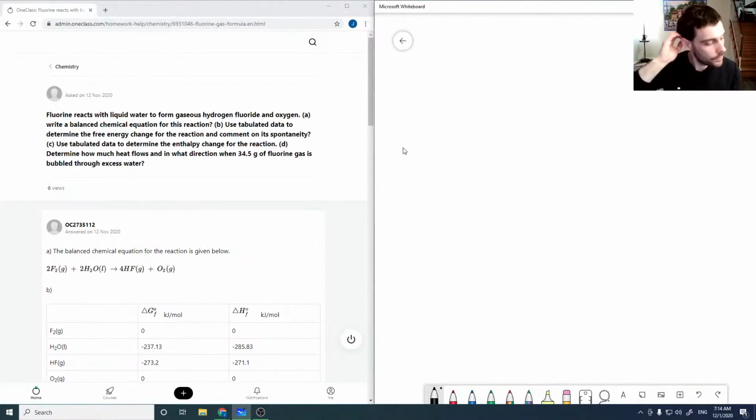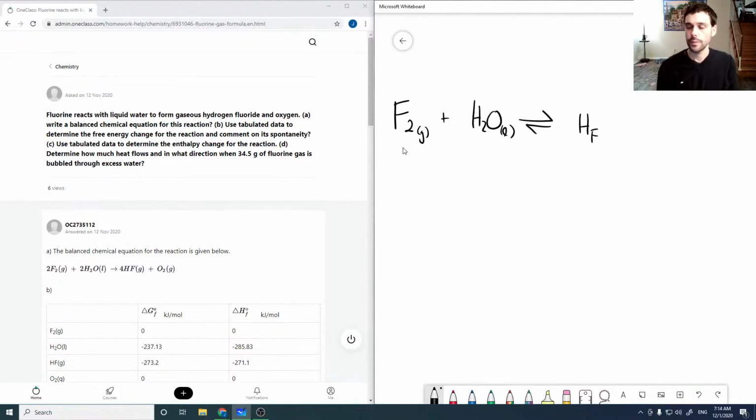Fluorine reacts with water to form gaseous hydrogen fluoride and oxygen. The first part is to write a balanced equation. So here we've got fluorine gas plus liquid water, giving us HF gas plus O2.